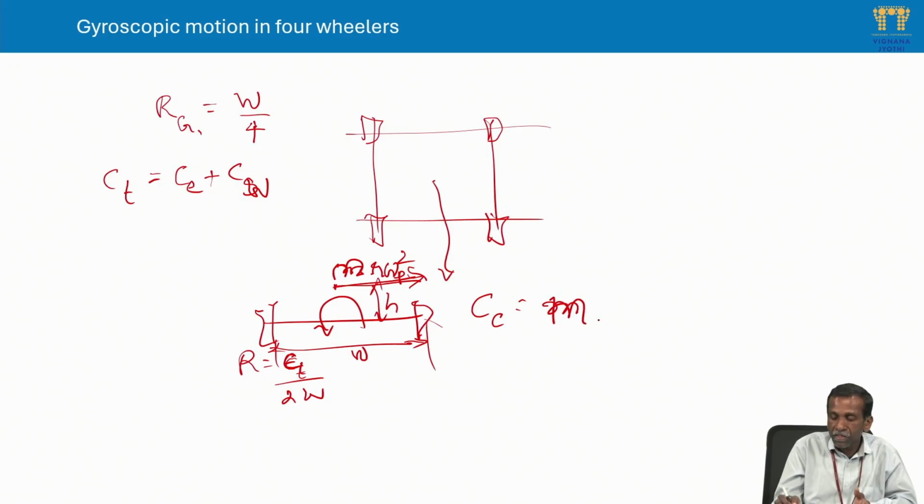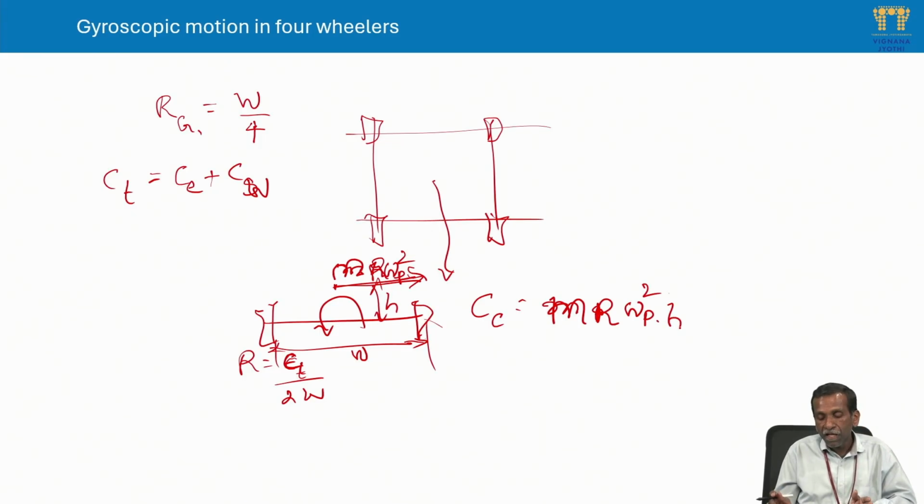Capital M we use for mass of the vehicle, that's why MR, capital R here. R means the radius of curve rotation. MR omega P square into h is the couple due to centrifugal action.